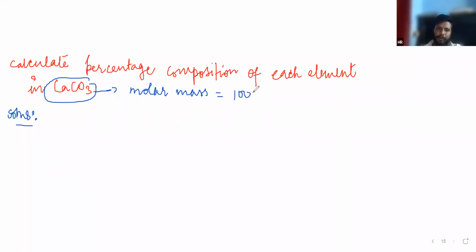100. That's great. Now, what is the molar mass of calcium? 40. What is the molar mass of carbon? 12. What is the molar mass of oxygen here? 48, 16 into 3.